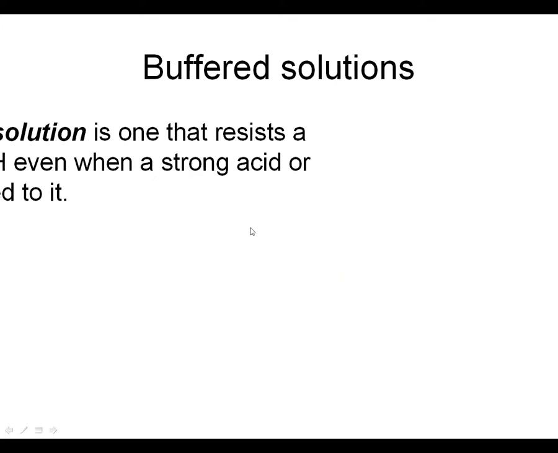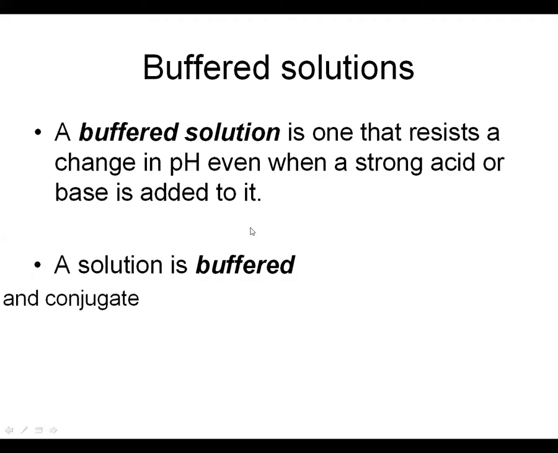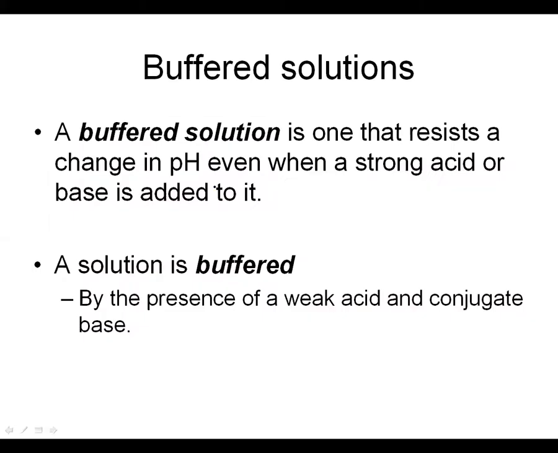All right, so the last thing we're going to talk about in this section or chapter is a buffer. Let's go back and talk a little bit more. So a buffered solution is a solution that essentially will resist changes in the pH, even if you decide to add some acid or base to that solution.